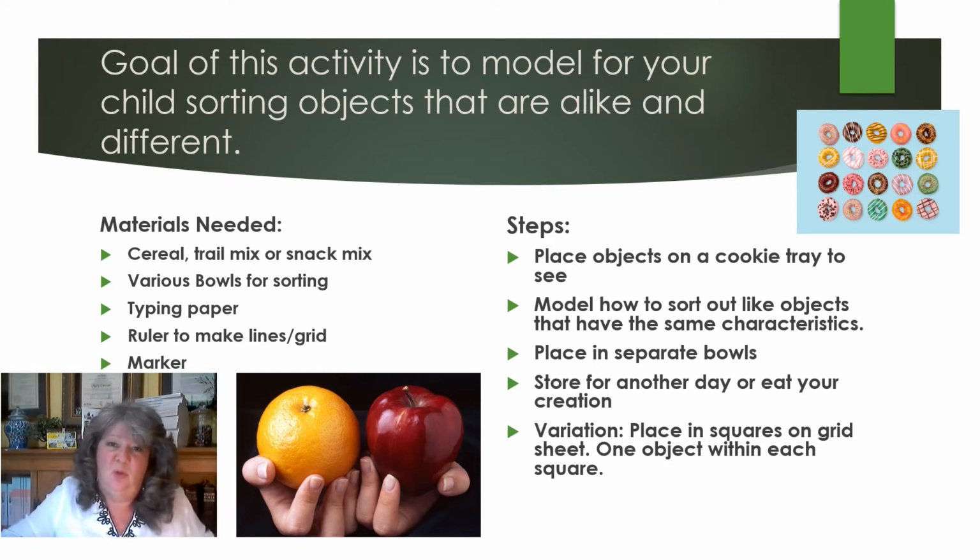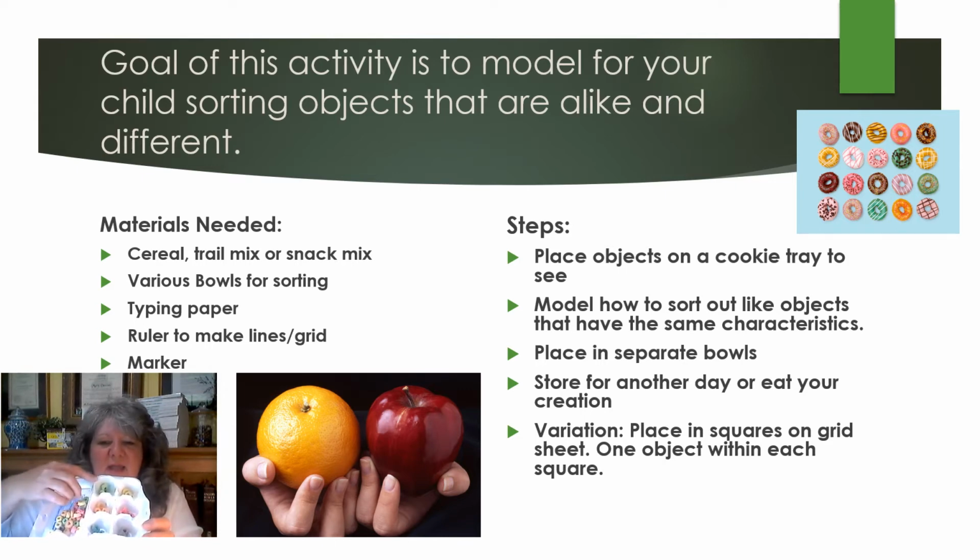You can use bowls, or something else that I'm using today is an egg carton. On the one side, I have dumped in about a cupful of an assortment of the colorful loops. On the other side, I don't know if you can see it, but I have separated out the different colors, and that's where we're heading with this particular activity.